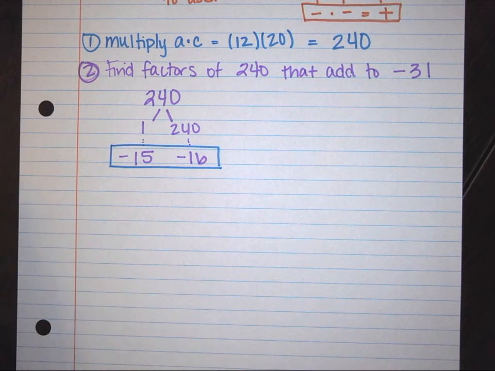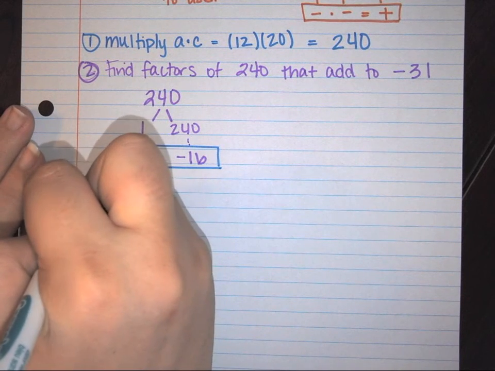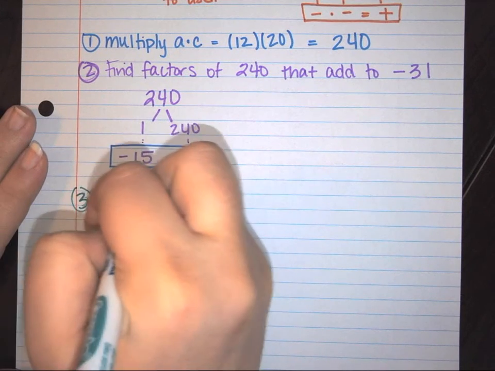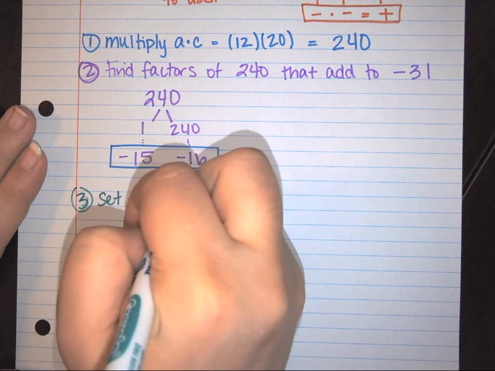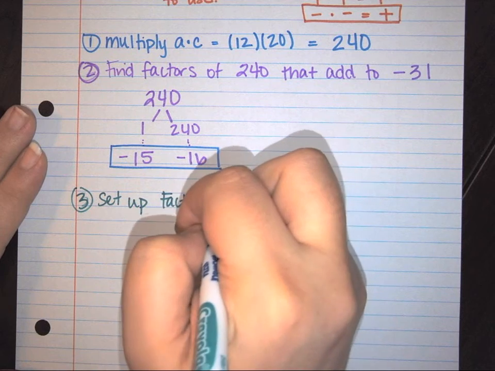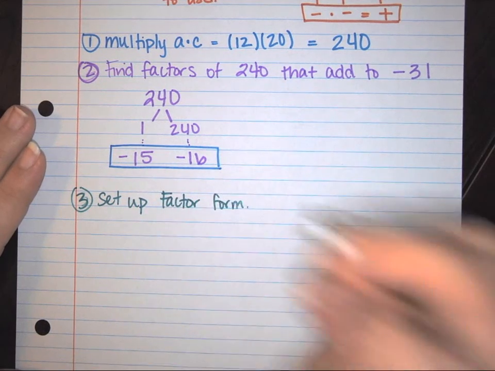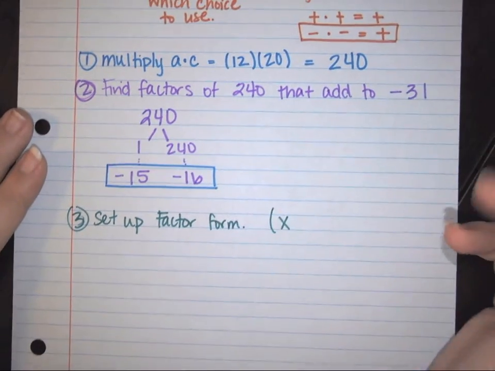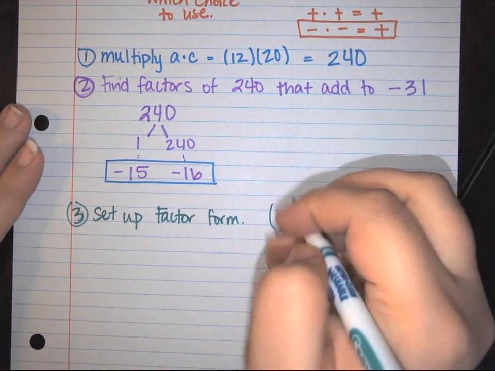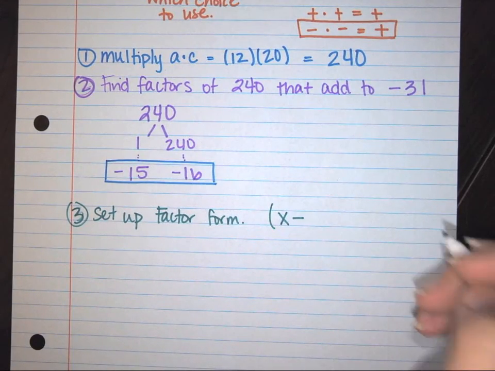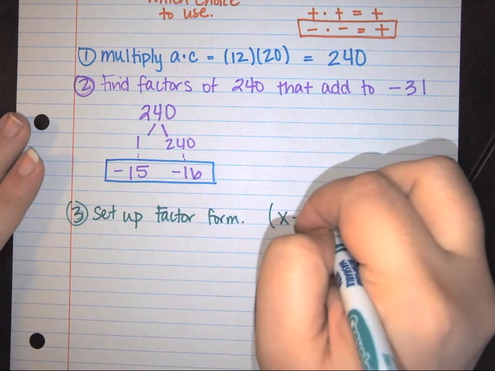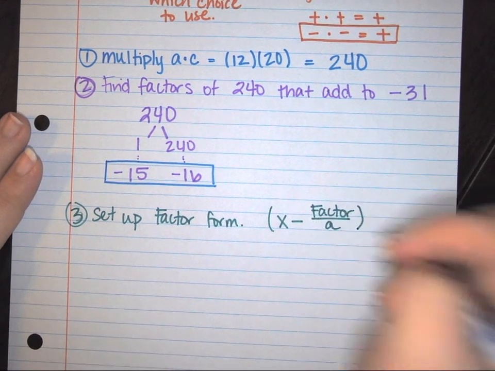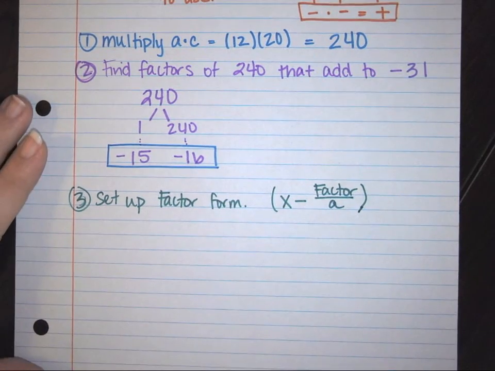So that third step says you need to set up your factors. And remember that factor form is going to be x. Here my signs are negative, so this is going to be minus. And then the form says we're going to do factor over the a term. Okay, so that is the form that we're setting up.